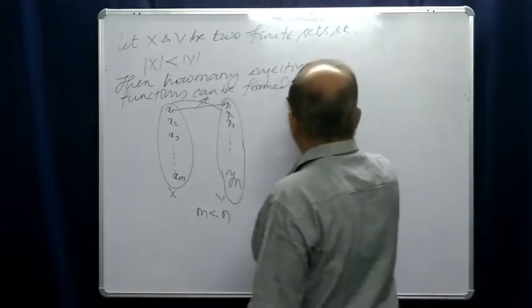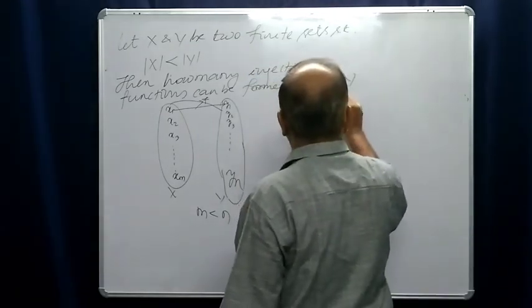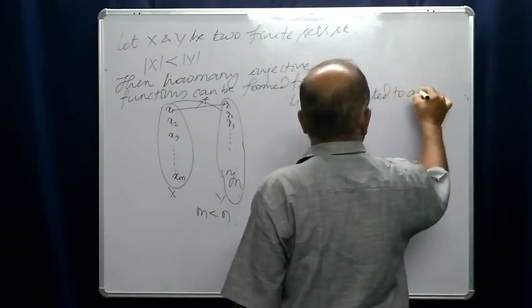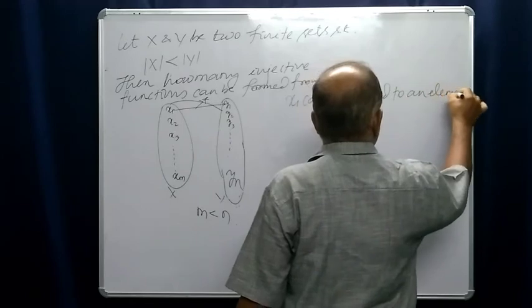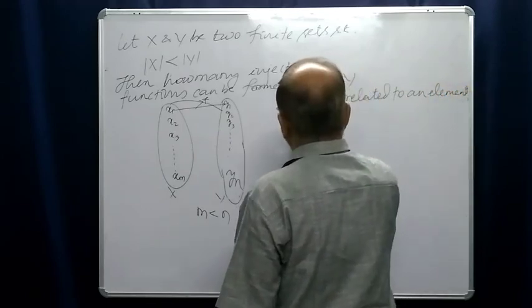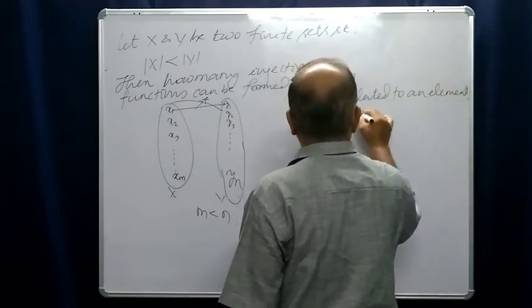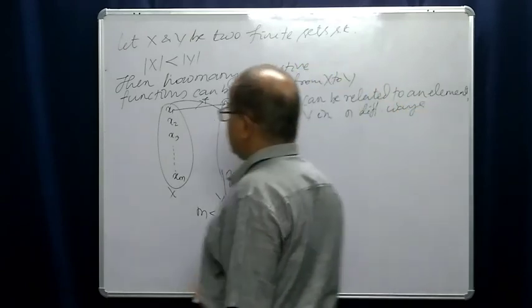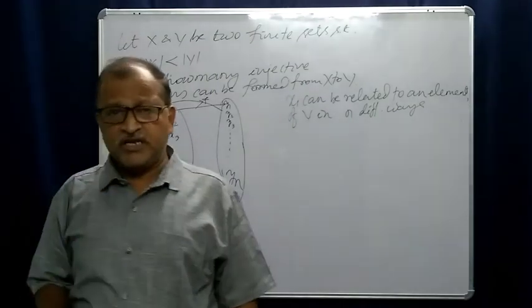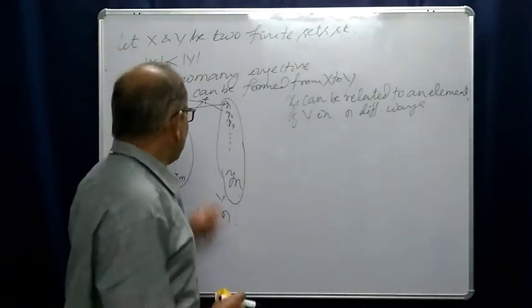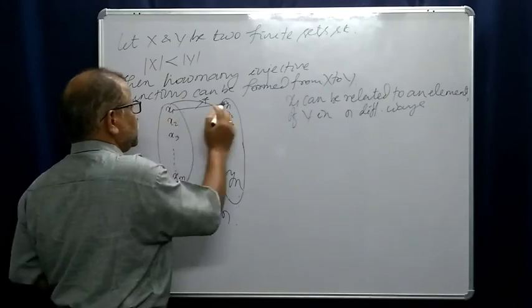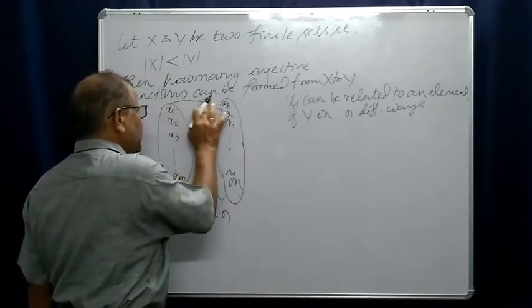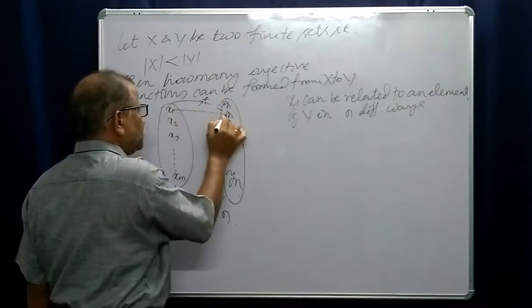Thus x1 can be related to an element of y in n different ways, right? Once x1 is related to an element in y, suppose I have related x1 with y1, similarly I may relate x1 with y2.